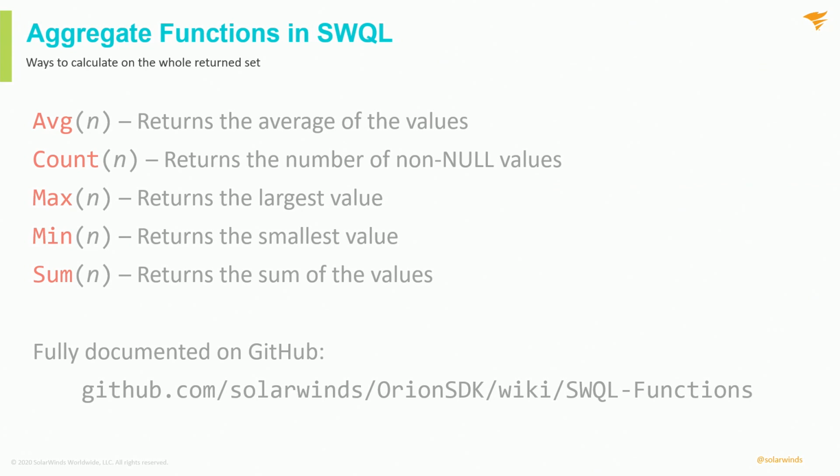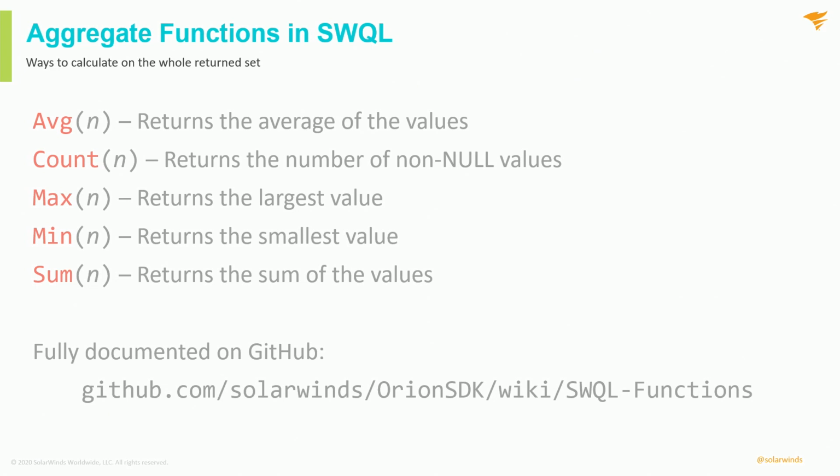We're going to talk a little bit about aggregate functions here. So aggregate functions in SWQL behave in a similar way to how they do in SQL. And these are ones that sum up or average or pull mins or maxes out of a certain range of data. Now, that's great, and it's something that I used as a crutch for many, many years, where I would take raw data, stick it into something like Excel, which I know it's not a database, but it's what I was comfortable with at the time.